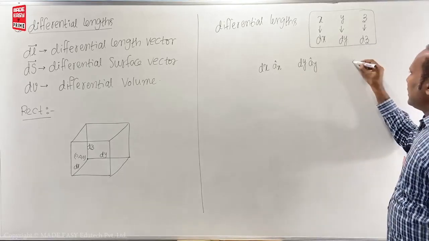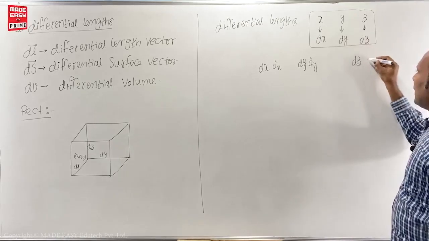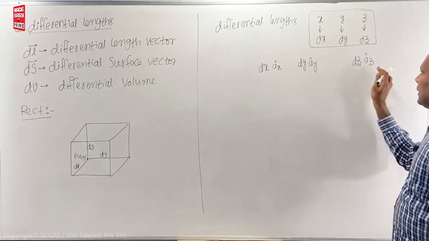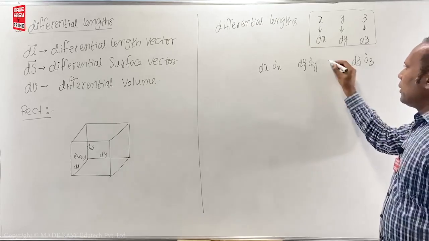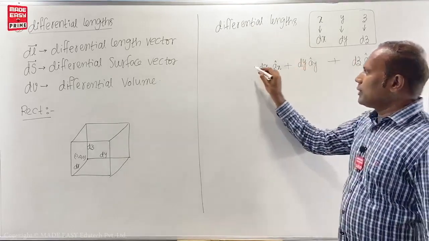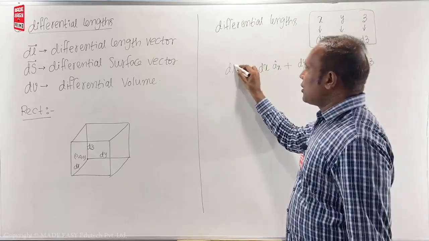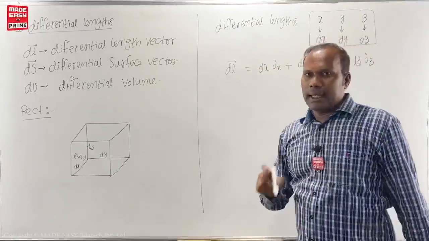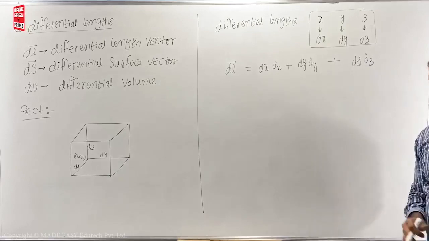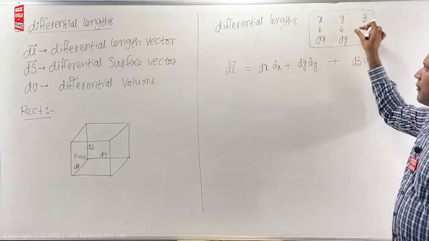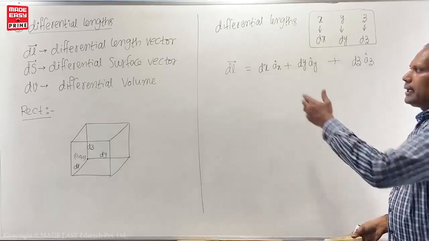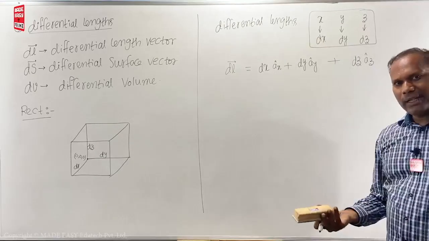Similarly, you take differential length dz, multiply with the unit vector, then this is the differential length vector in the z direction. You add all of them, you will get the total differential length vector equation in the rectangular coordinate system. So you have to remember only these differential lengths. Then dl bar, ds bar, dv you can write simply.